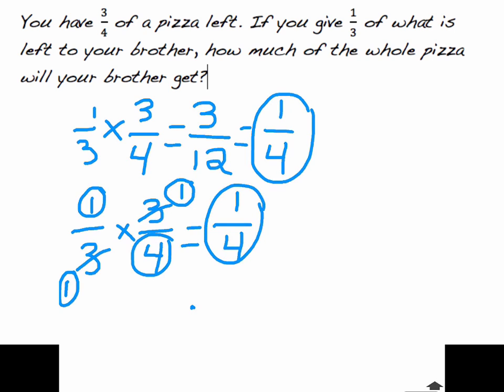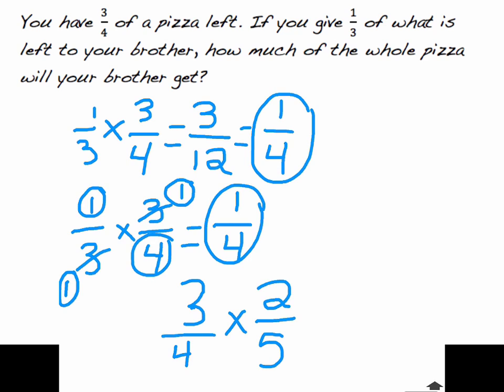Let's try it on a different problem really quick so we can see that the numbers don't have to be exactly the same to be able to cross cancel. If I had 3/4 times 2/5, I'm going to look diagonally and see if there is a number that can go into both of them. First, if I look at the 3 and the 5, there is not a number that can go into 3 and 5 evenly. So I'm going to look the other direction. I'm looking at my 2 and my 4.